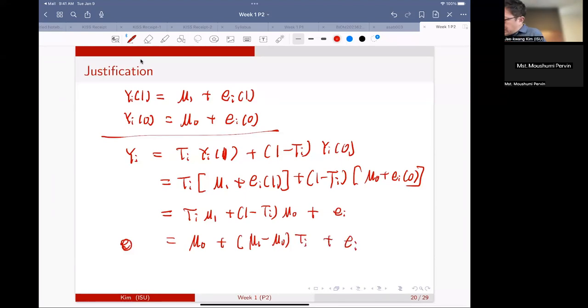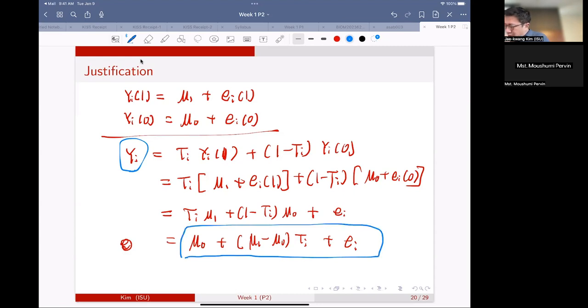So here I was able to obtain this, where ei is equal to ti ei1 plus 1 minus ti ei0, right? This guy is this.